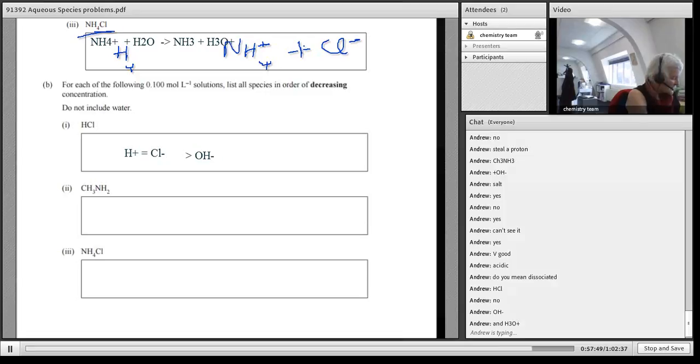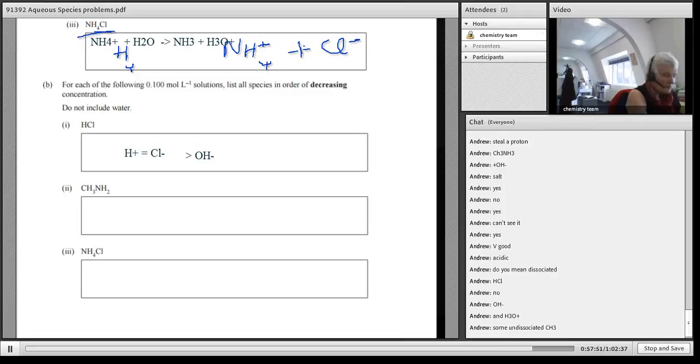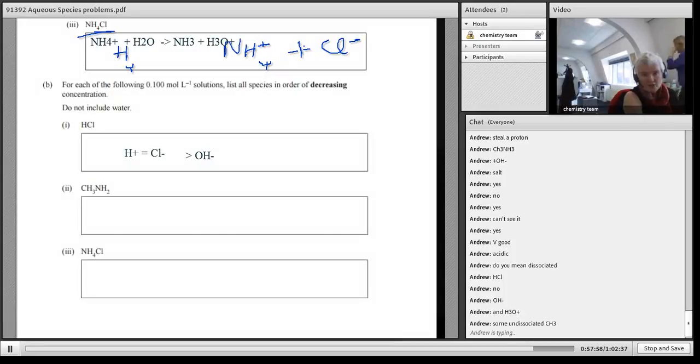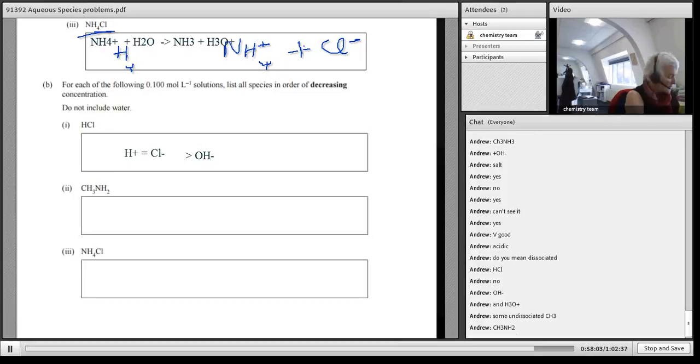So it's CH3NH2. Now that dissociates, remember, in the water, and it reacts with the water, and it acts as a base, so it's going to accept a proton.